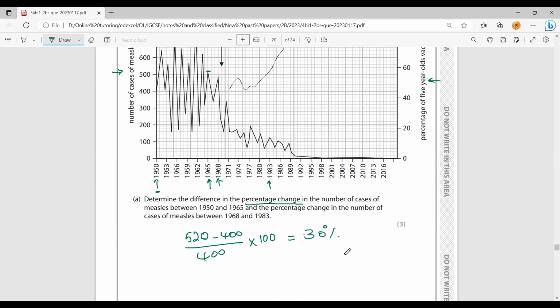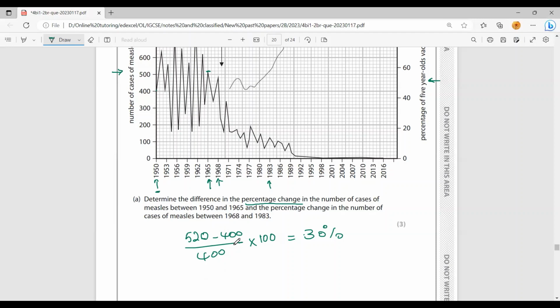Okay, what about the other ones, between 1968 and 1983? I think 490. Wait a second, okay, 490. And the other one, 1983, 120.